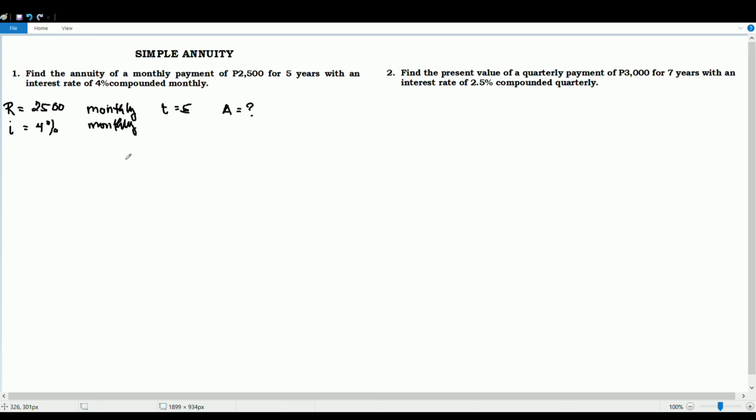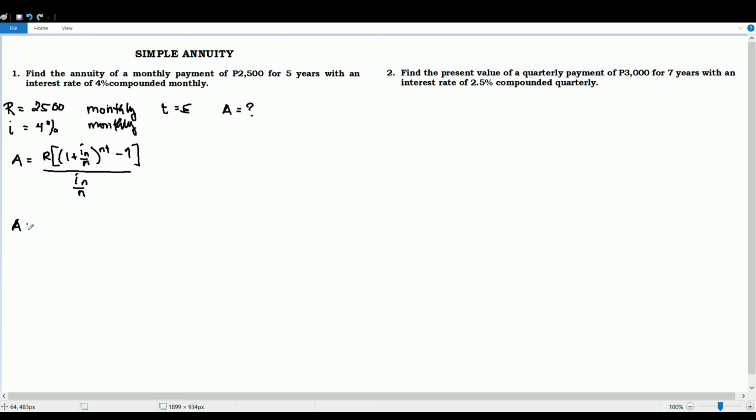Find the annuity. So in order to do that, let's have the formula A is equal to R times the bracket of 1 plus i subscript n over n raised to nt minus 1 all over i subscript n over n.